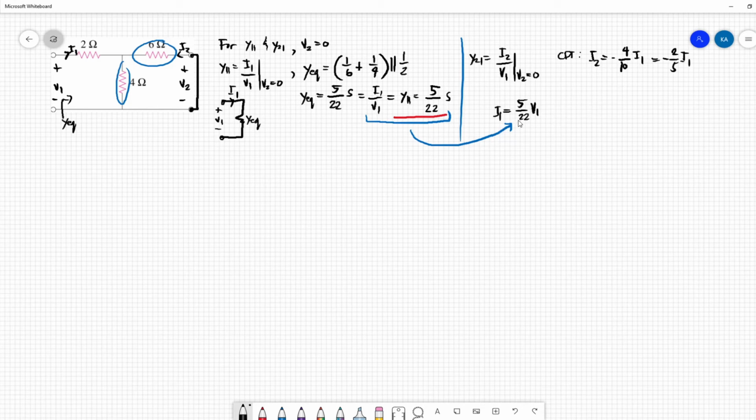Now substituting I1 to this equation, so we have I2 equal to negative 2 over 5 times 5 over 22 V1. So our I2 over V1, which is our Y21, is equal to negative 1 over 11 S.